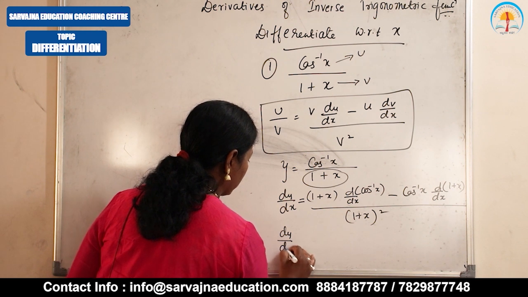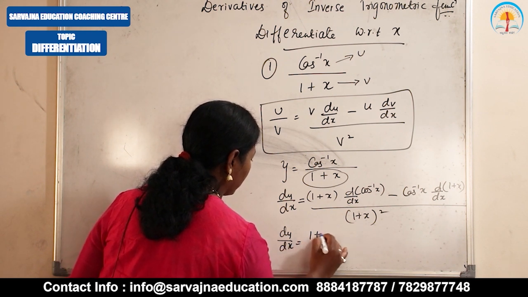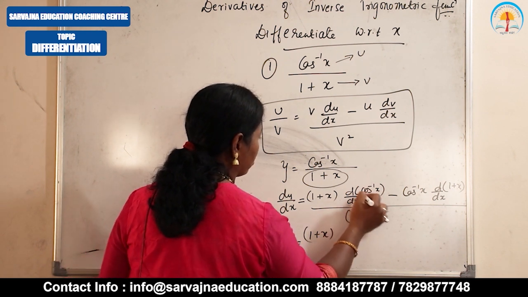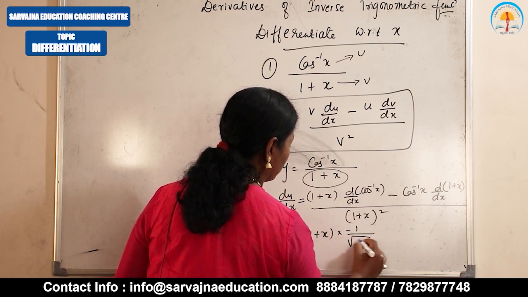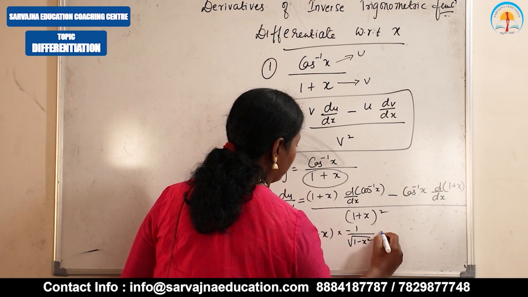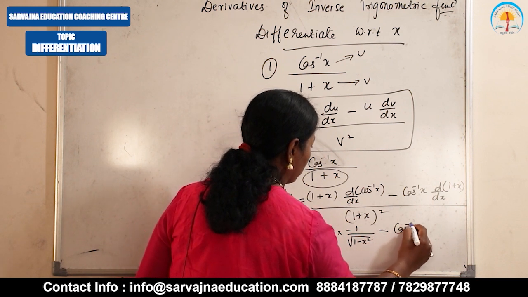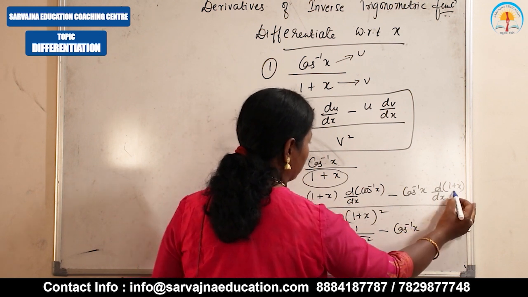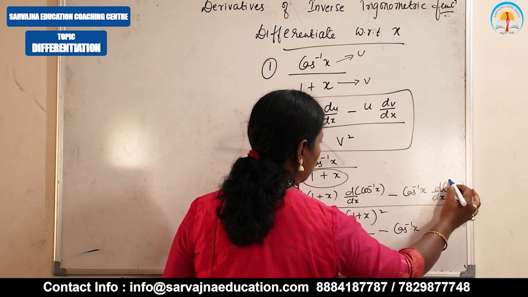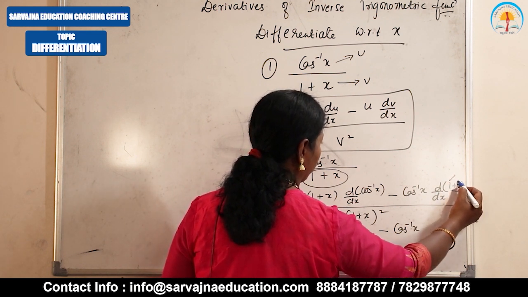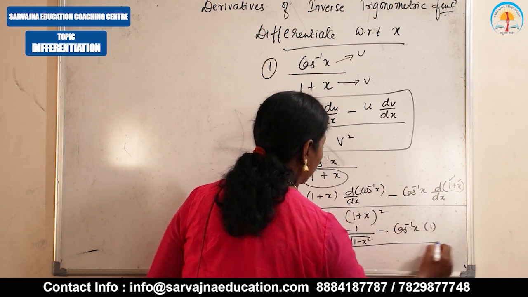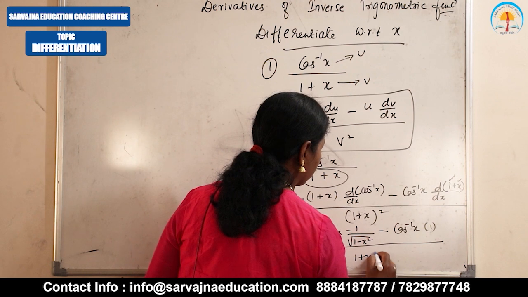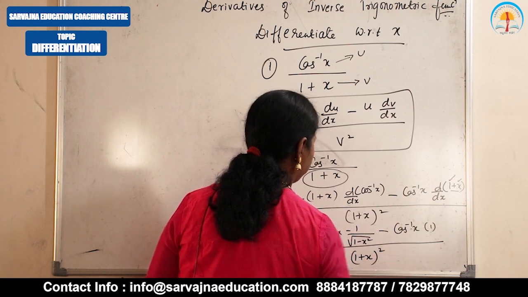So we'll do the differentiation. 1 plus x, differentiation of cos inverse x is minus 1 by root 1 minus x square, minus, keep cos inverse x as it is, differentiation of this. The differentiation of the constant is 0 and the differentiation of x is 1. So the answer is 1 divided by 1 plus x whole square.